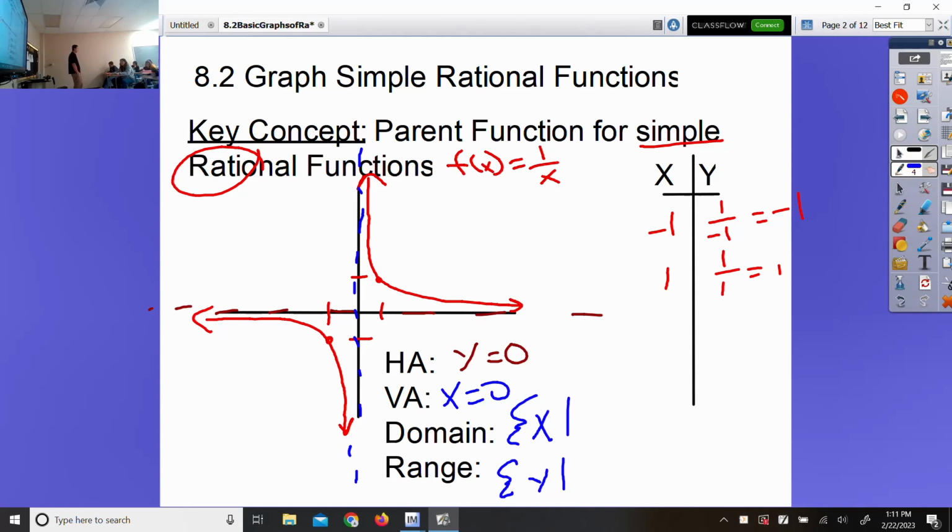What's the one thing x can't be? 0. It can't be 0, it's an asymptote. Close the curly braces. Range: all values of y such that y cannot be 0.